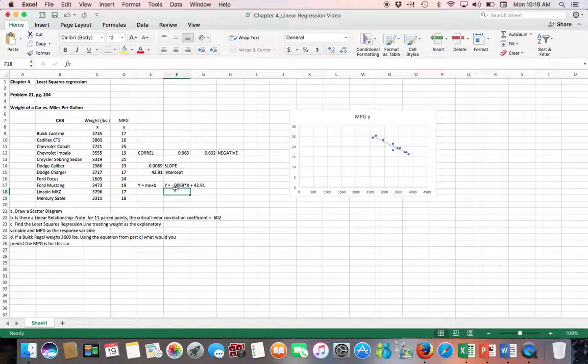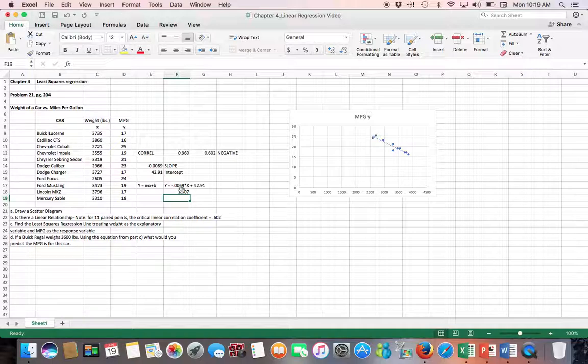Part D: if a Buick Regal weighs 3,600 pounds, using the equation from Part C, what would you predict the miles per gallon for this car? So what we're going to do is use the equation minus 0.0069 times 3,600 for the weight, since x is the weight, plus 42.91.